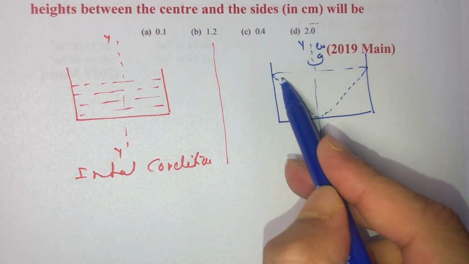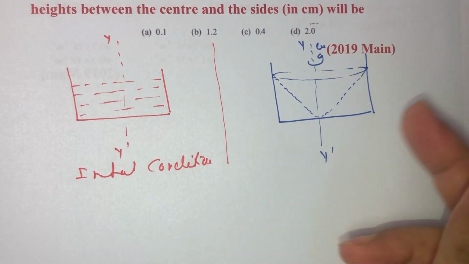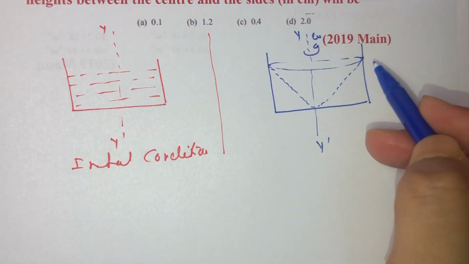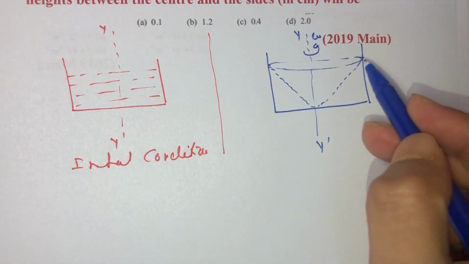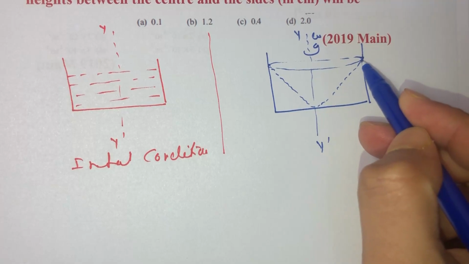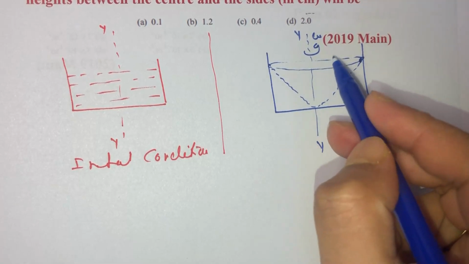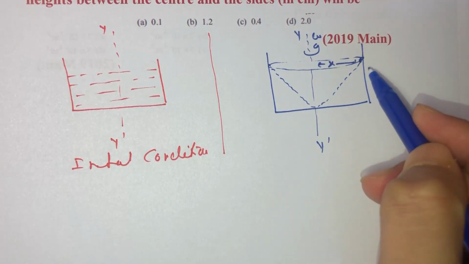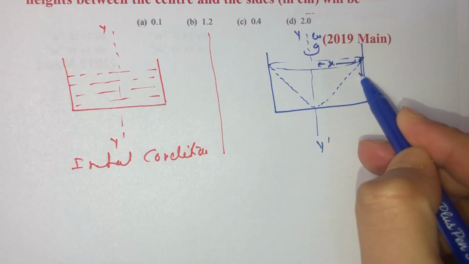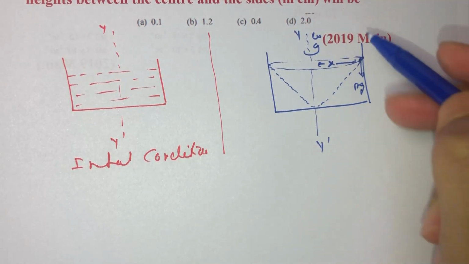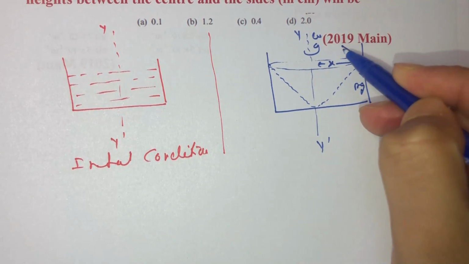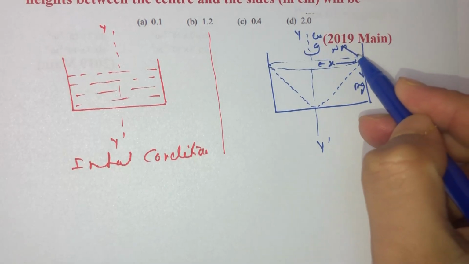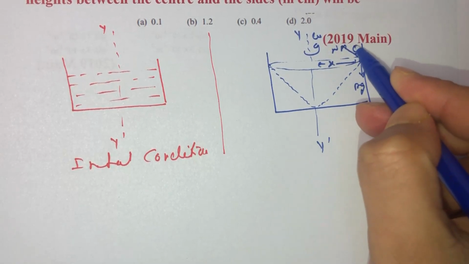We can just draw this upper part, and take a point that is x distance away. At this point mg will be acting in the downward direction, and we are going to have a normal this way, and the angle between is theta.